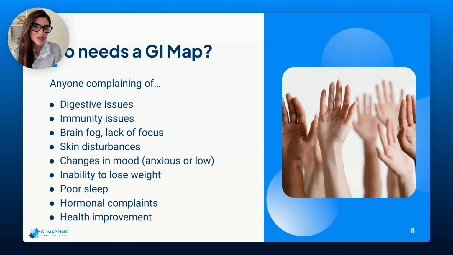Anyone with immunity issues, brain fog disturbances or transient brain fog, not feeling like they can focus, anyone that's complaining of skin disturbances, changes in mood, anxious or low feelings, anyone who has an inability to lose weight, difficulty sleeping, and really hormonal complaints.